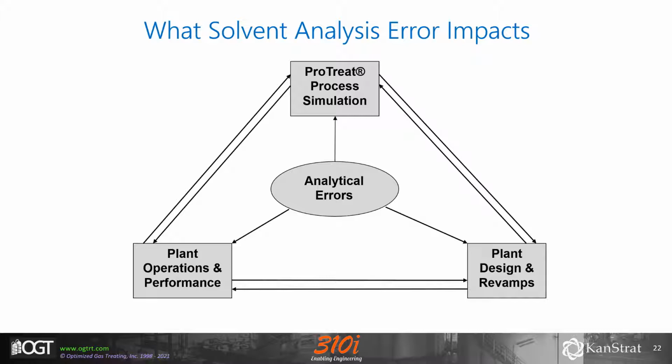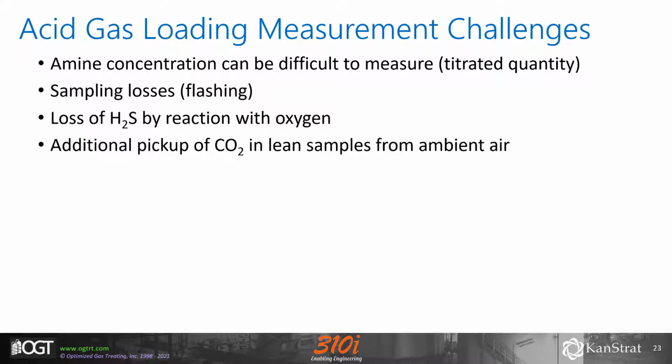We like to say garbage in equals garbage out. We talked about most of this already, so just a brief recap of the things that can go wrong with acid gas loadings. Remember that these are additional titrated values, which can lead to more errors.